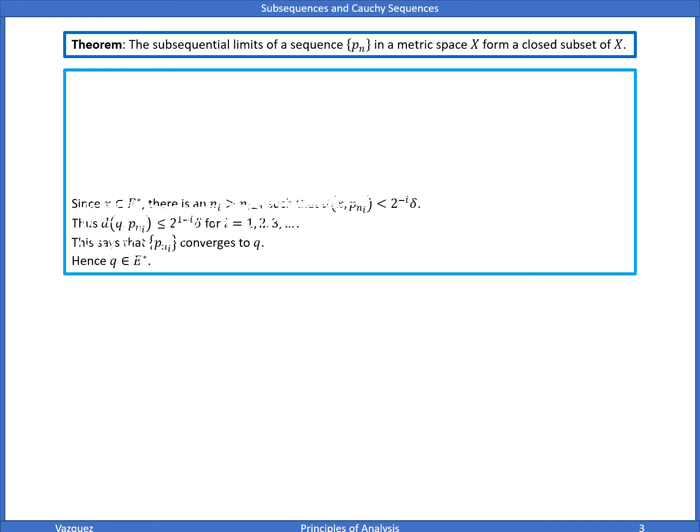Okay, I suppose we can ignore it. Let me just cover it up a bit so it doesn't distract us. So let's understand this theorem. What is this theorem even saying first? Okay, so we have the theorem saying that the subsequential limits of a sequence P sub n in a metric space X form a closed subset of X.